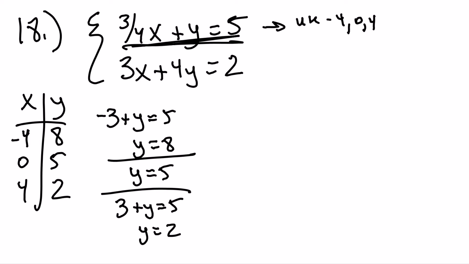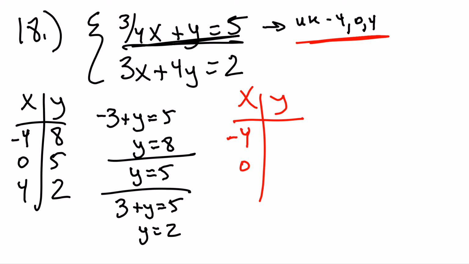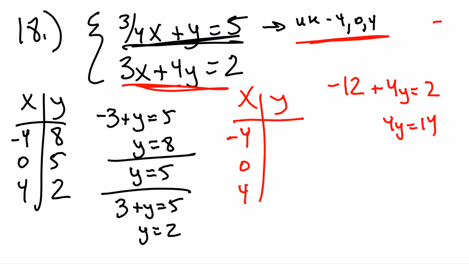Now I'm going to make my XY chart. Because I used negative 4, 0, and 4 here, I'm going to use the same thing here. Say negative 4, 0, and 4. I'm going to plug in negative 4 for x, so I get negative 12 plus 4y equals 2. I add 12 to both sides, I get 4y equals 14.